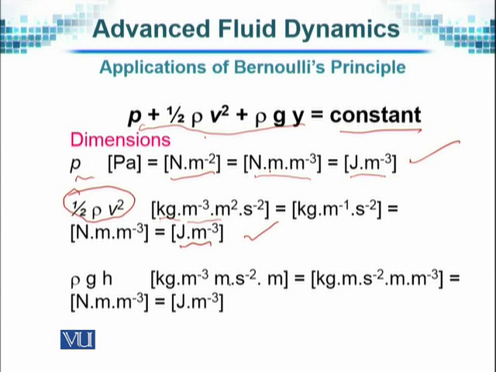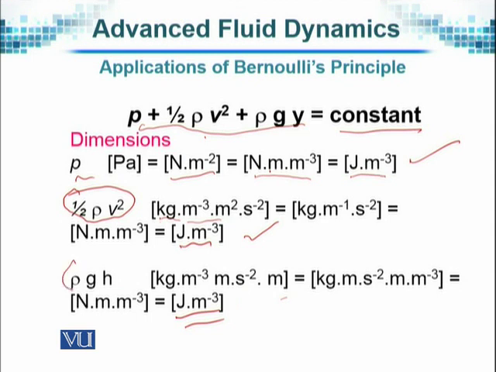And similarly, rho g h, the term that is acting there in this equation, is rho g h or rho g y. Both of them are equivalent and we can replace them as we like. They have the same meaning, as long as we know that. And therefore its dimensions, you can see, are also reduced to this.